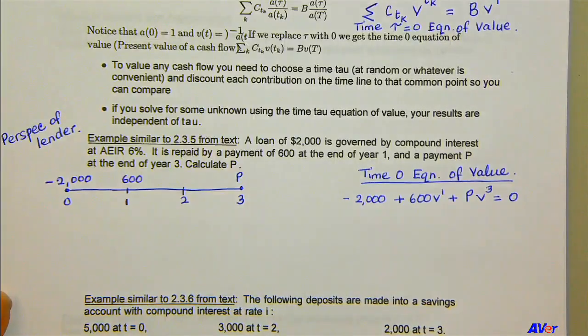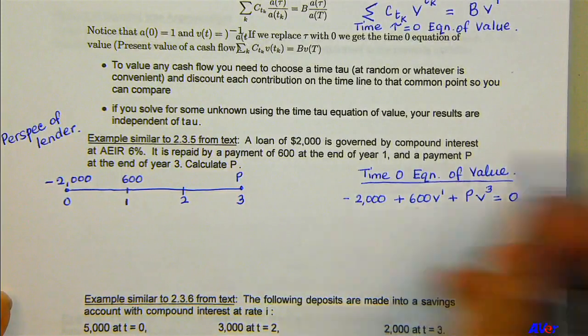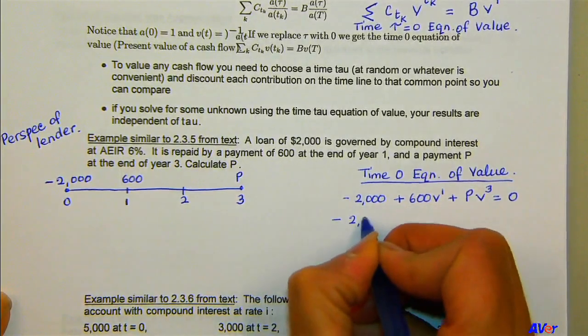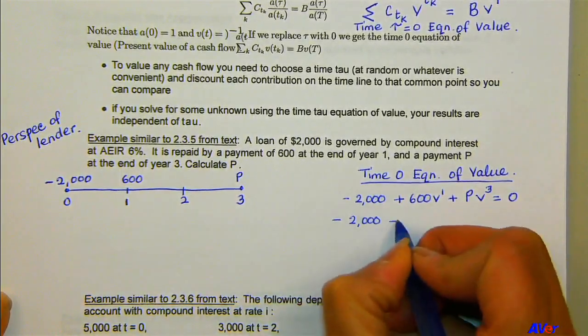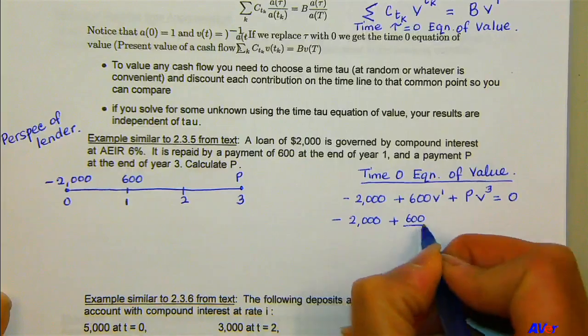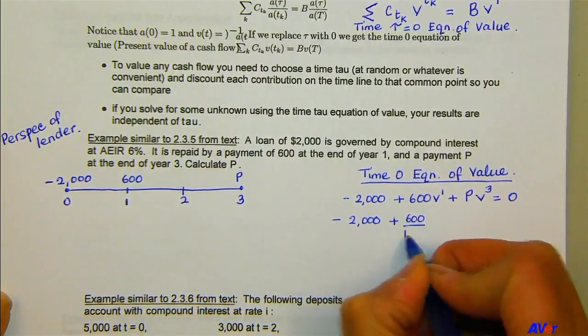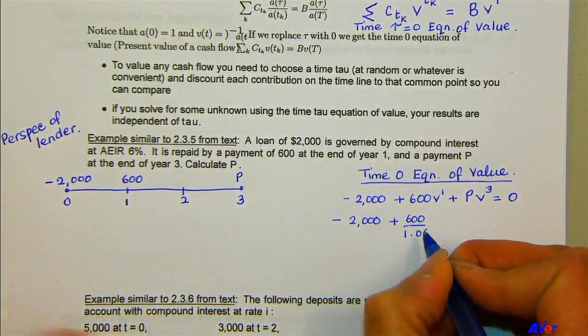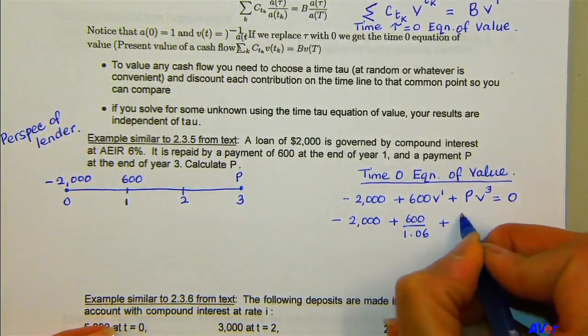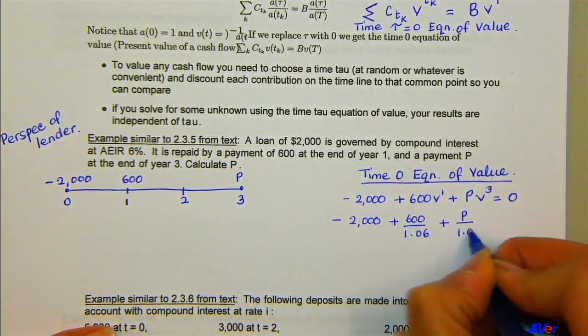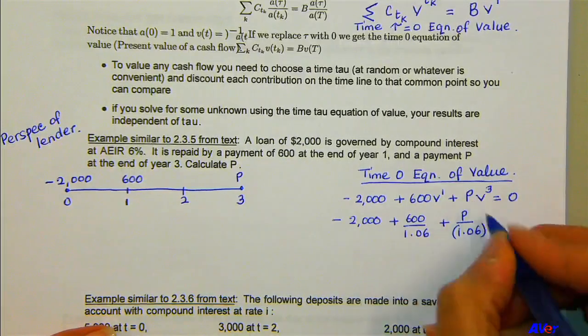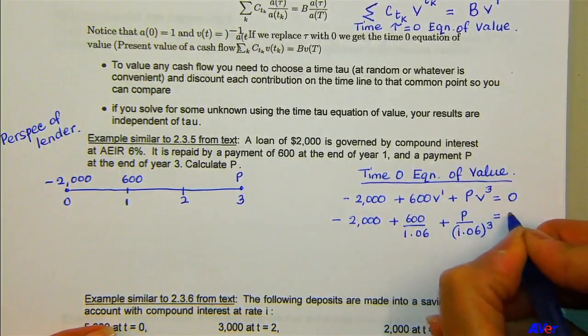Agree? Brought everything back to time 0 by discounting. So let's clean this up. Minus 2,000 plus 600 over 1 plus i, 1.06, plus P over 1.06 cubed equals 0.